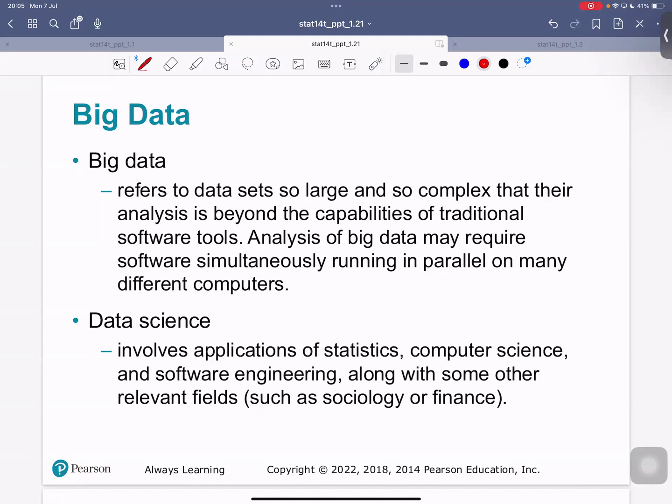What about past purchases? Big data refers to large and complex data, because if you collect all the data from past purchases, it's going to be big data.